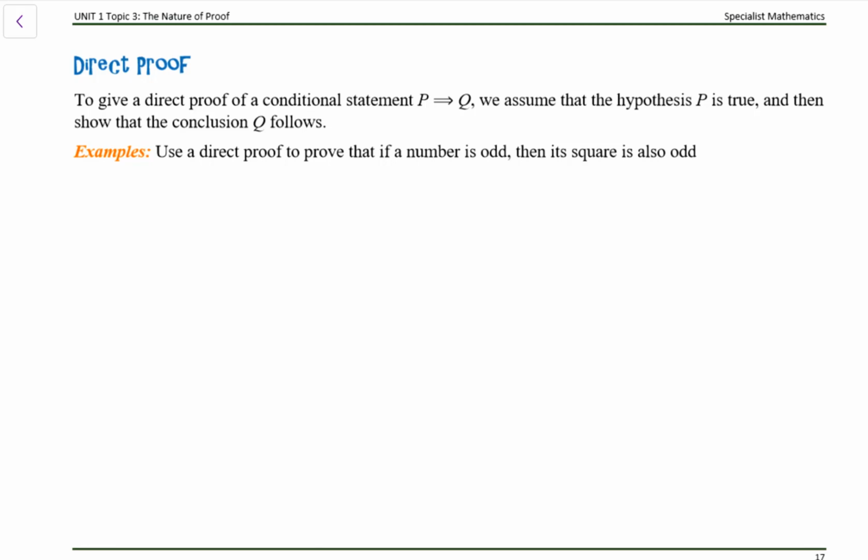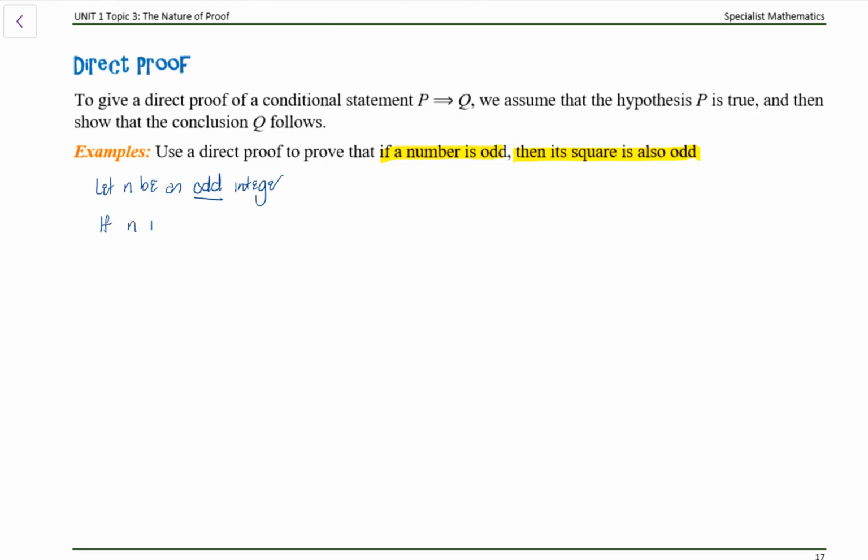Use a direct proof to prove that if a number is odd, then its square is also odd. So we're going to start by assuming the number is odd. So let n be an odd integer.